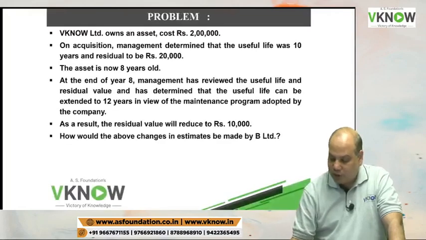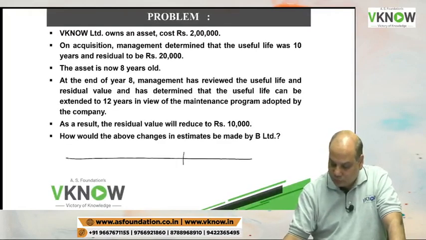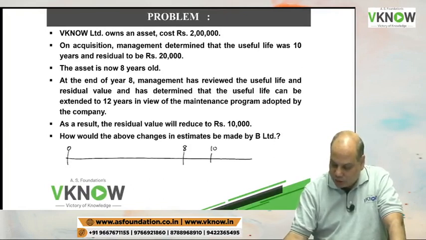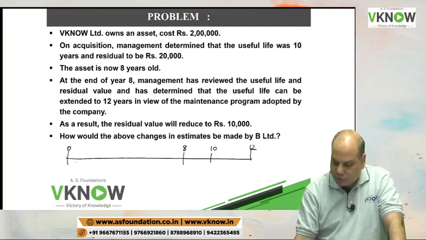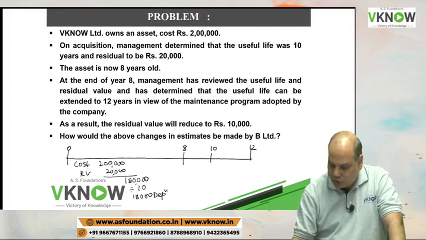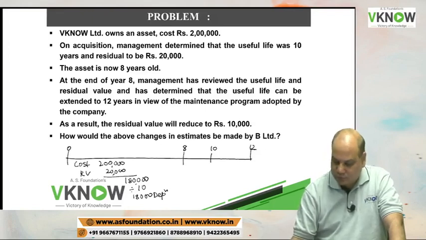So now first I will explain. Year 0, year 8, 10, 12. Cost was 2 lakh, residual value 20,000. So depreciable amount was 1,80,000. Life 10 years, so divide by 10. Depreciation originally estimated was 18,000.